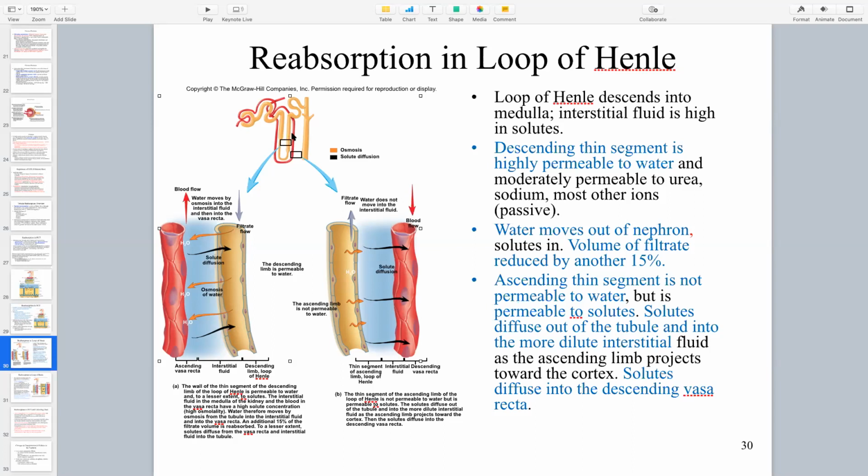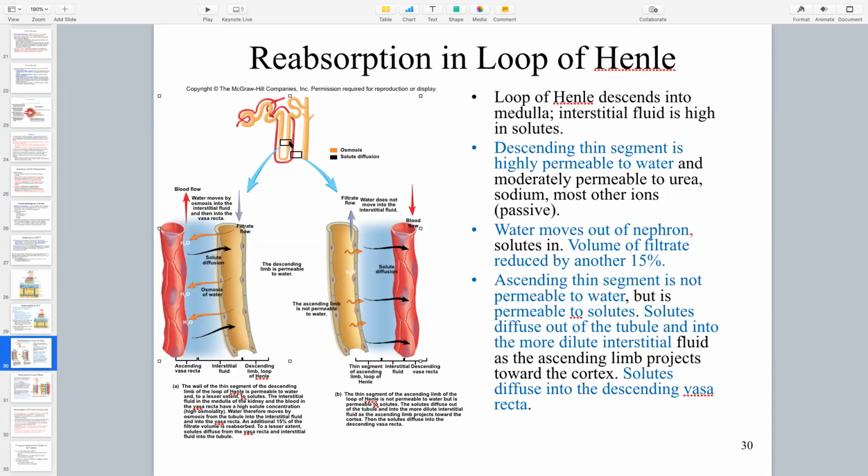As it enters the bloodstream, it goes right into the descending limb of the vasa recta. What happens if I keep moving that salt from the filtrate into the blood? The blood that goes downwards becomes more and more filled with salt.